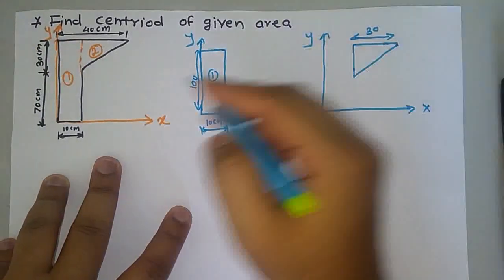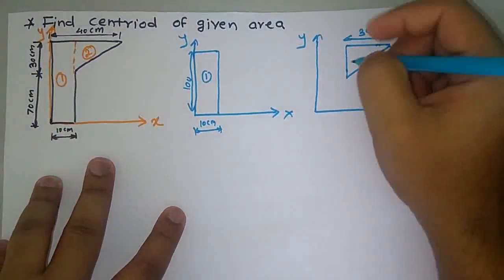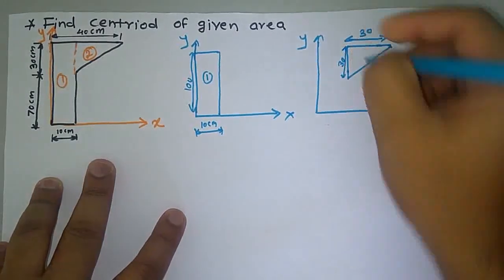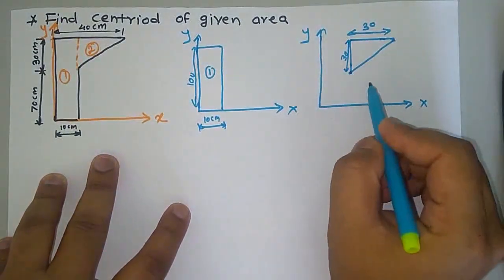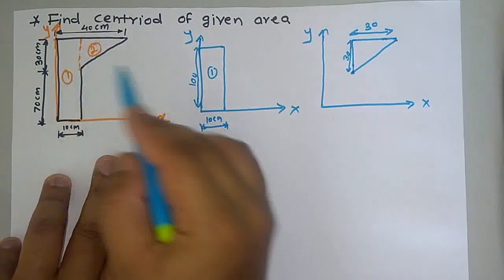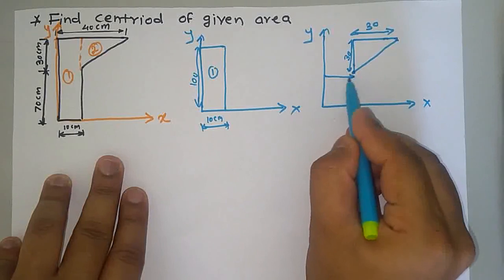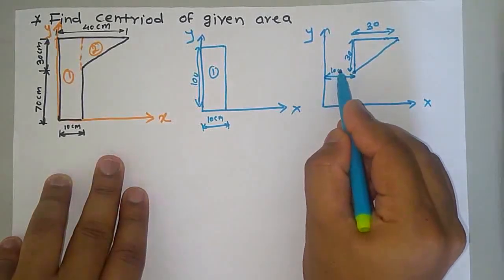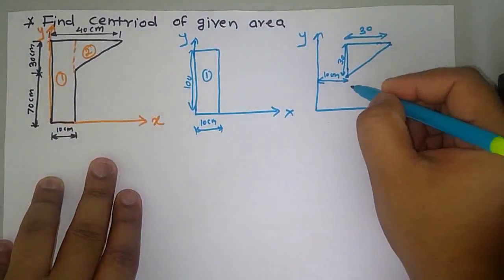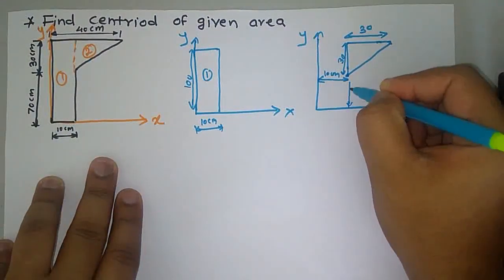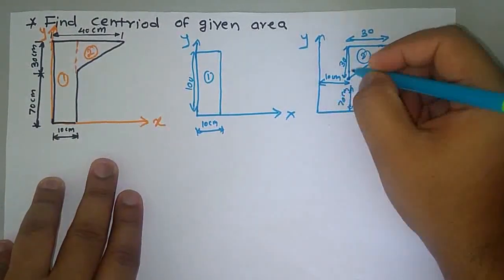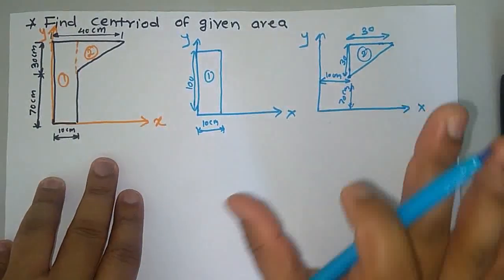And this base is given here, it is 30 centimeter. And what is the location of this point? From here it is 10, so this dimension is 10 centimeter, and this height is given here, it is 70. So we have drawn them separately. This is the first and this is the second.